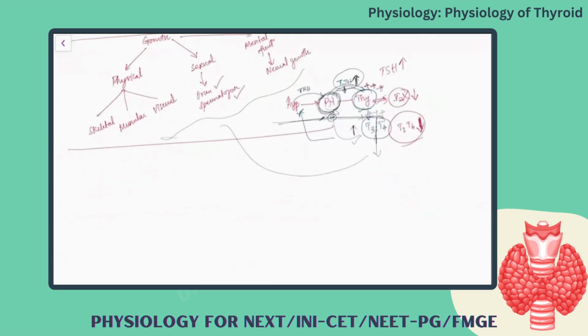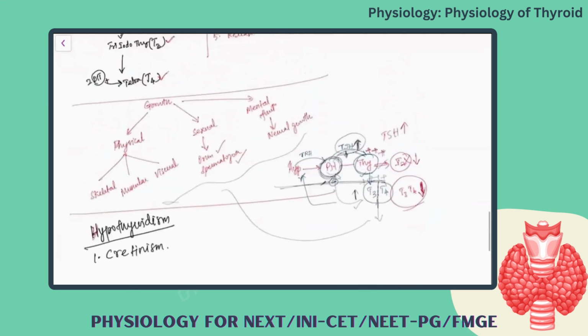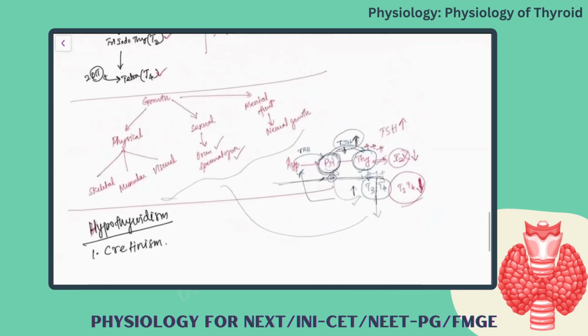Hypothyroidism. It is most commonly seen in children and you will term it as cretinism. And whatever functions the thyroid hormone is doing, all those will become abnormal.